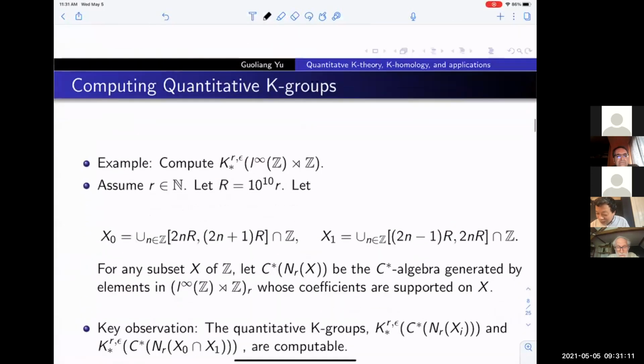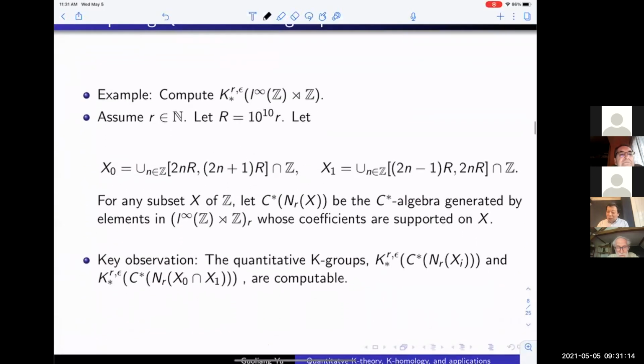Okay, so now let me show you how to apply this idea to compute, for example, the crossed product. This is L infinity of Z, with the group Z just translating on Z. Of course, this is a relatively simple example.